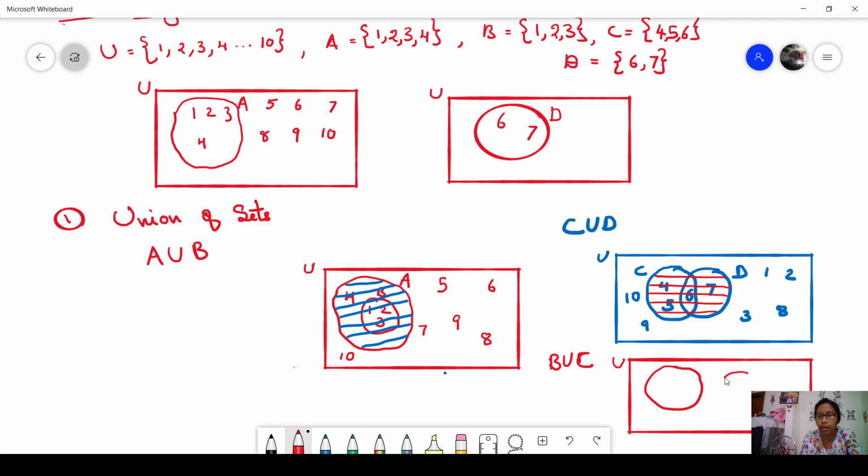So the circles, both the sets are disjoint. So this is B and this is C. Now when we take B, the elements are 1, 2, 3 and the elements of C are 4, 5, 6. Now we need to shade the portion.